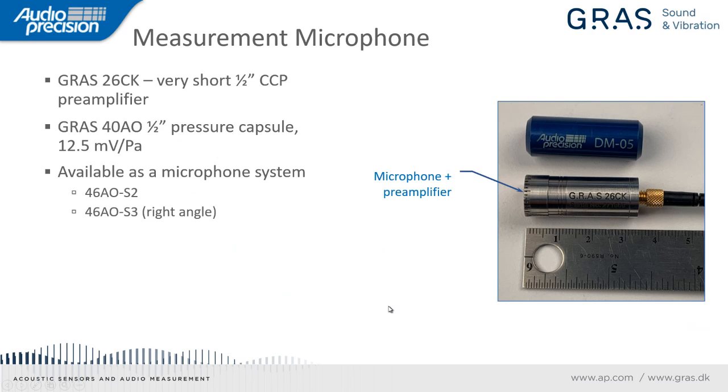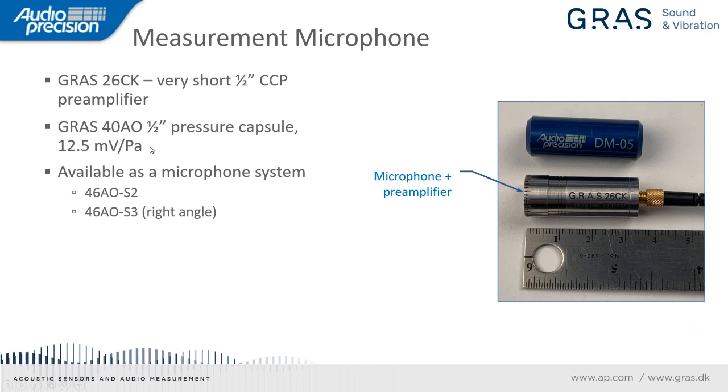Now we need a measurement microphone, and as I mentioned, the working space inside the chamber is quite small, so it's nice to have a small measurement microphone. And our sister company Grass here has come up with a very nice short preamplifier called the Grass 26CK. And with this, for this measurement, you need a pressure capsule, a pressure response capsule.